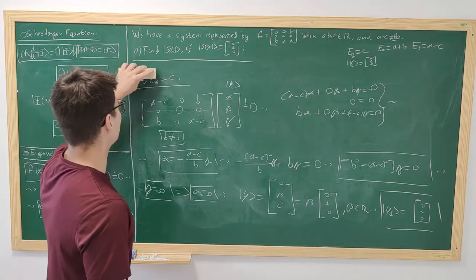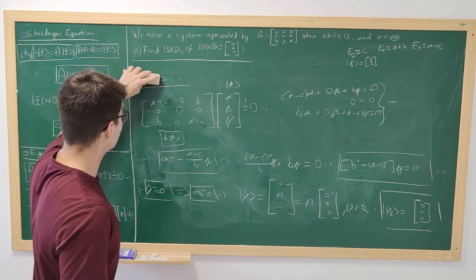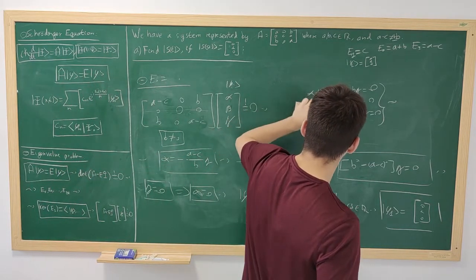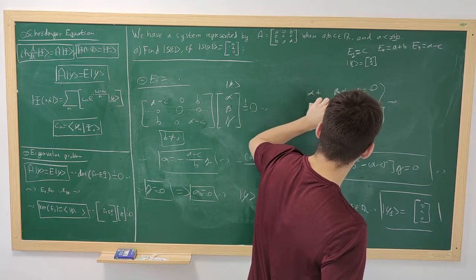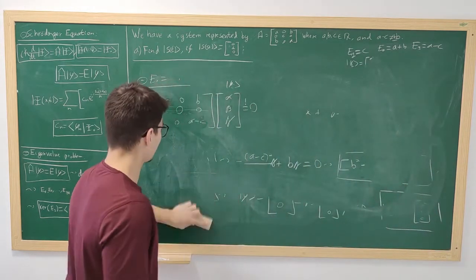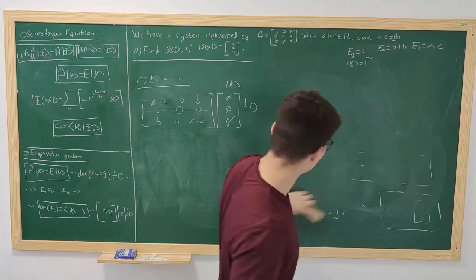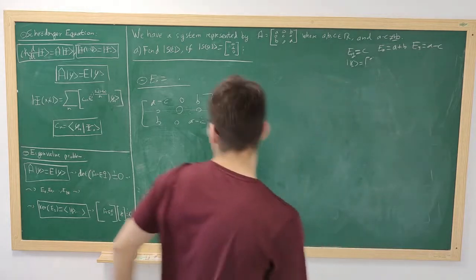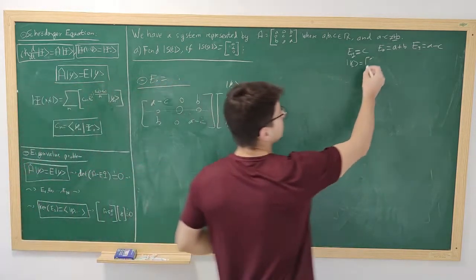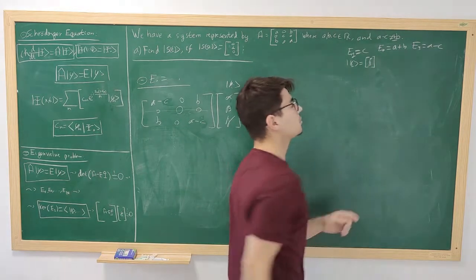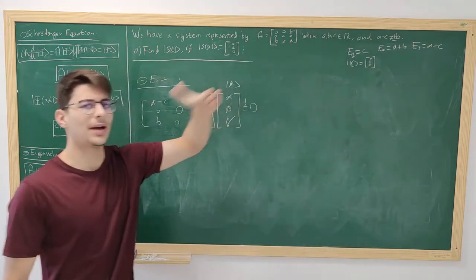Let's go for the second one. Let me just erase all of this. We will do the same for the second eigenvector, and let's see what we get. We have chosen this eigenvector; we could choose any other one, but we have to divide by the norm.